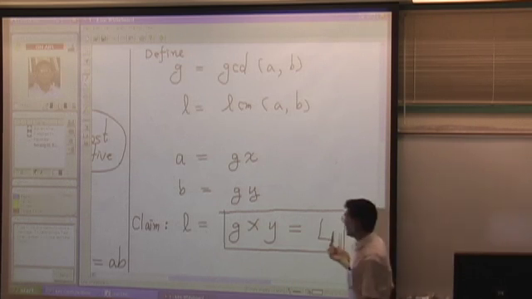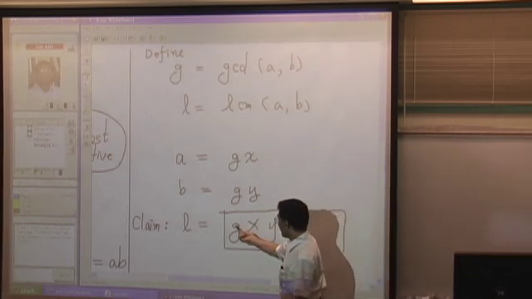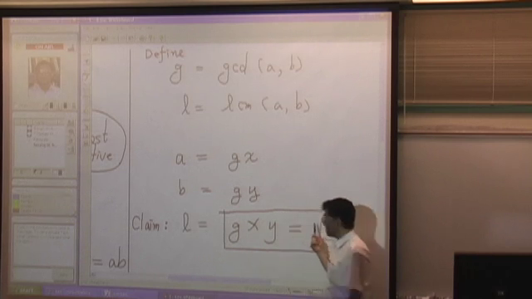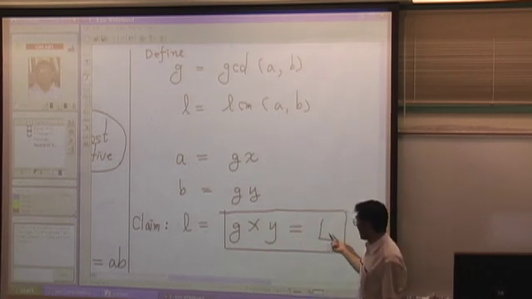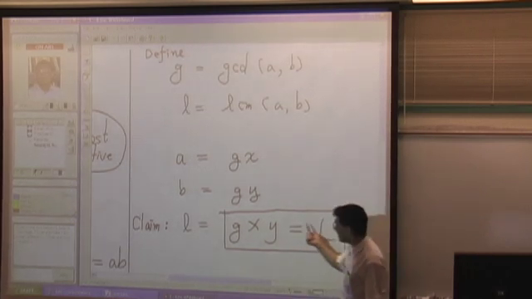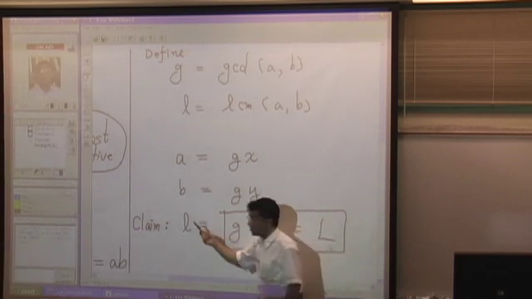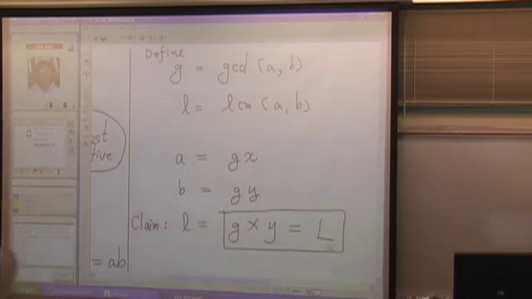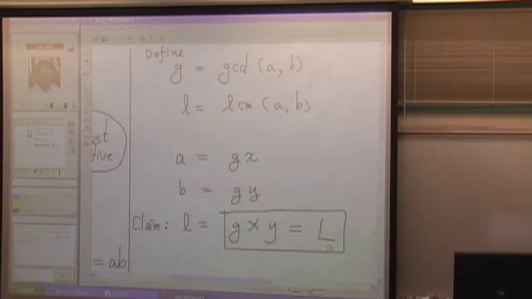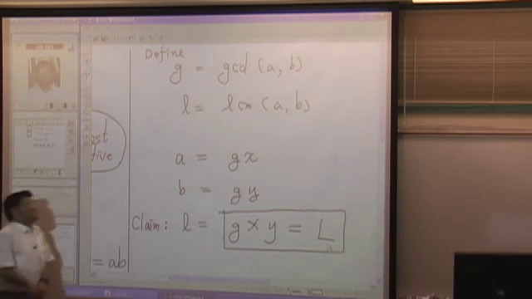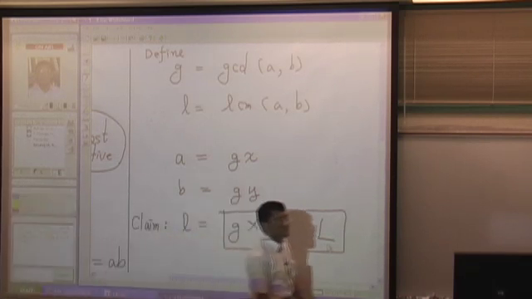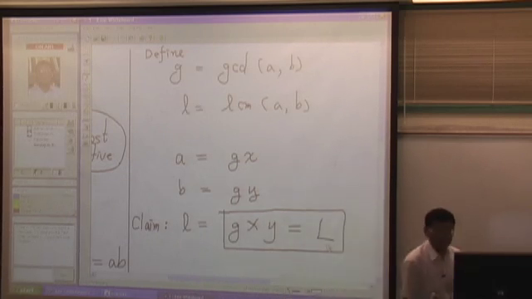Capital L is defined this way: G times X times Y is capital L, and my claim is that capital L is nothing but the LCM, the least common multiple. So let's show that L is the smallest possible number in this direction.